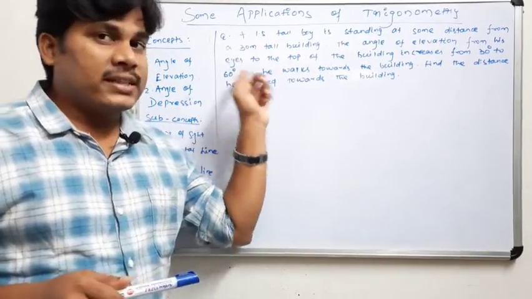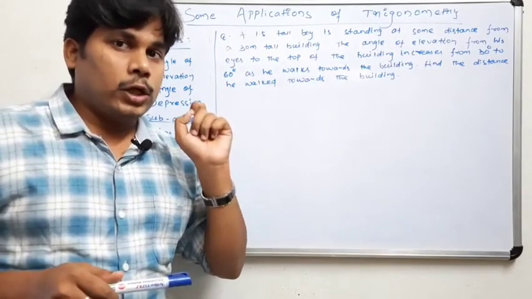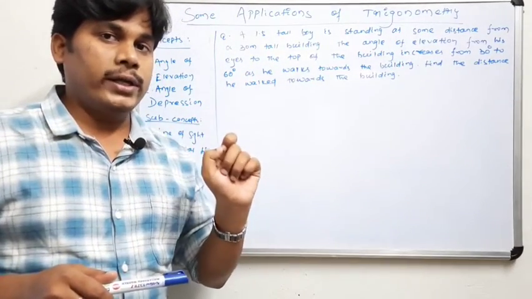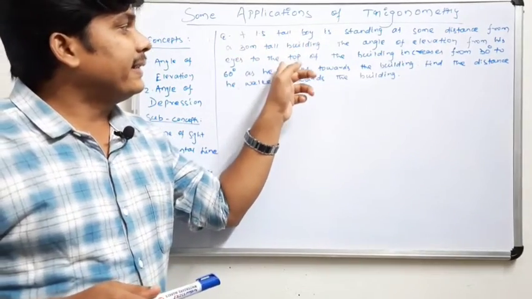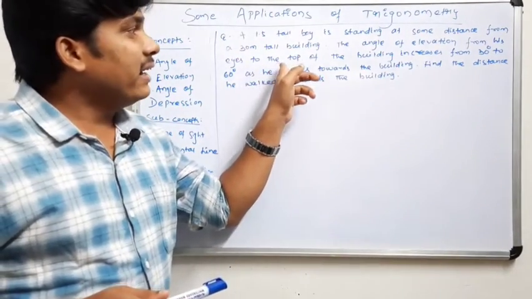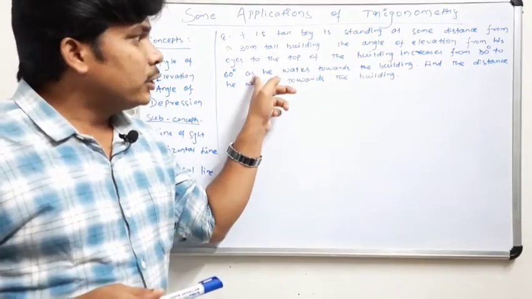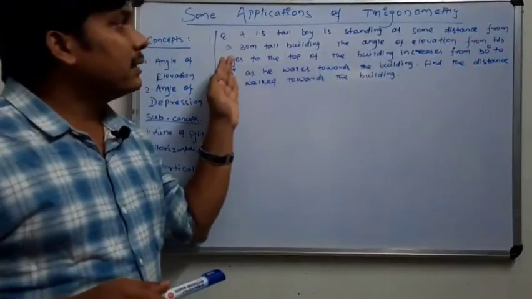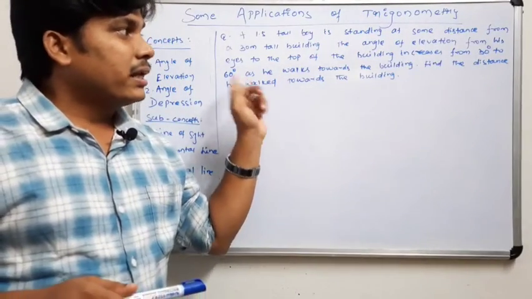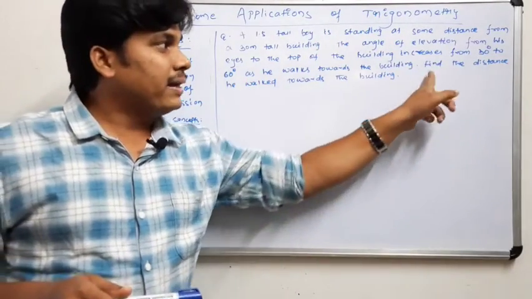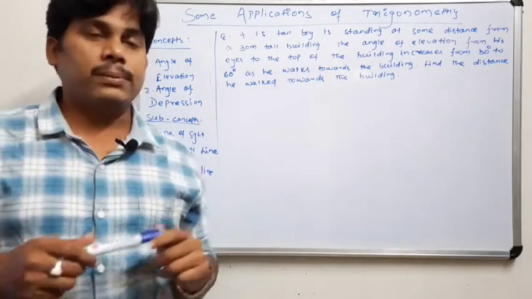The angle of elevation from the eye of the 1.5 meter tall boy to the top of the building is 30 degrees, and when he walks towards the building, it increases from 30 degrees to 60 degrees. Now the question is, find the distance he walked towards the building.